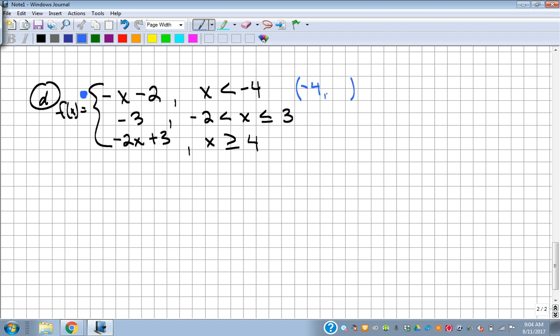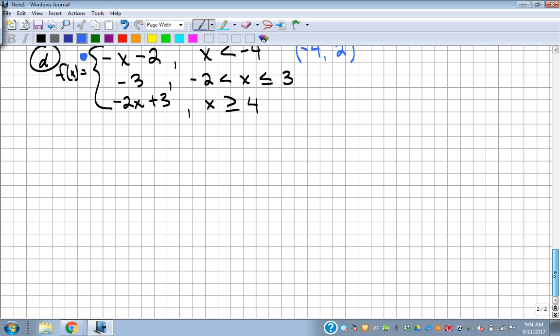Negative 4. Positive 2. Good. So we know if we go to negative 4 and positive 2, we're going to put what? Open circle, filled in dot. Open circle. Negative 4, positive 2, open circle. And then we're going to the left of that because it said x's are less than negative 4.